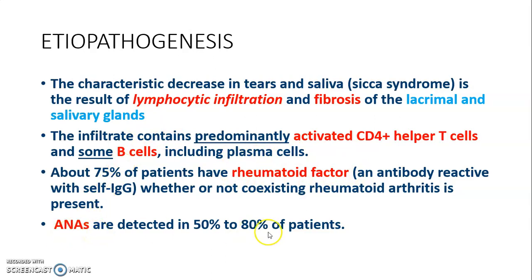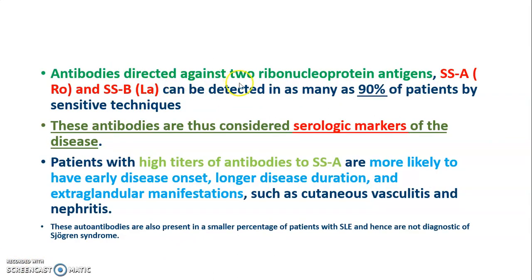Antinuclear antibodies are detected in 50 to 80% of the patients. Antibodies directed against ribonucleoprotein antigens are SSA and SSB. SSA is Ro and SSB is La, and they can be detected in 90% of the patients of Sjogren syndrome. These antibodies, SSA and SSB or Ro and La, are serological markers of this disease.